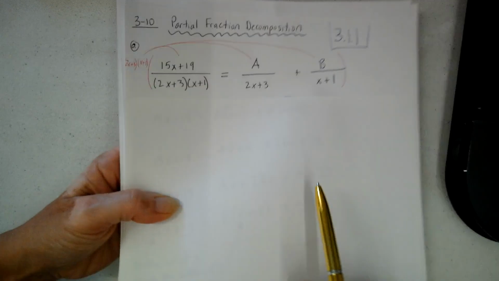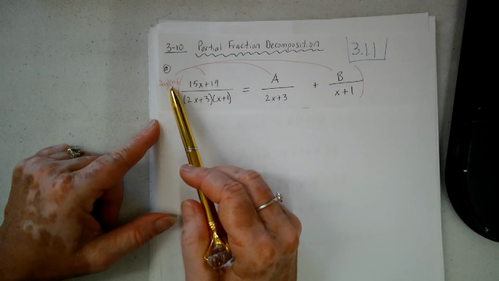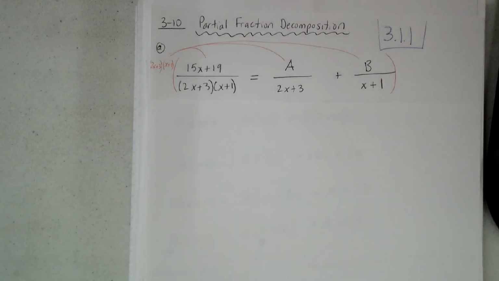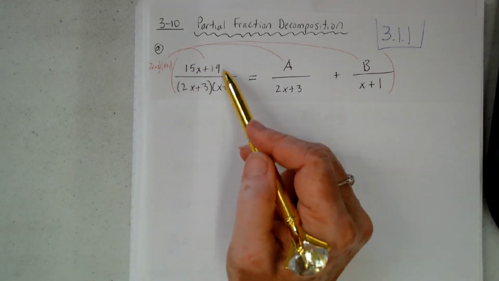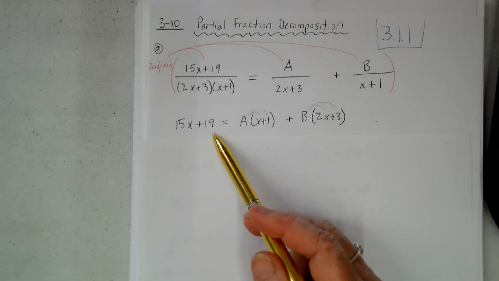So when I multiply this first fraction by the 2x plus 3 and the x plus 1, let's get this closer so you can read it. When I multiply the first fraction, we have a cancellation, and you just end up with 15x plus 19.